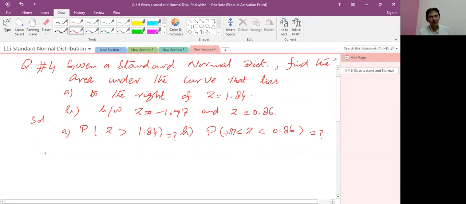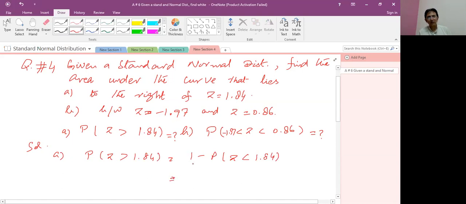So student, when we start from part A and find the solution, the probability of z greater than 1.84 is equal to 1 minus the probability of z less than 1.84. We convert it from greater than into less than condition.